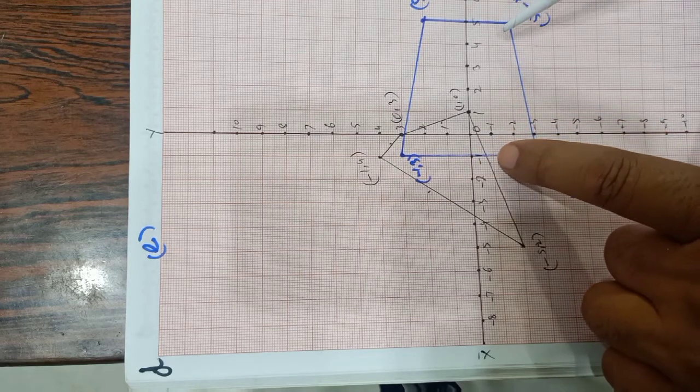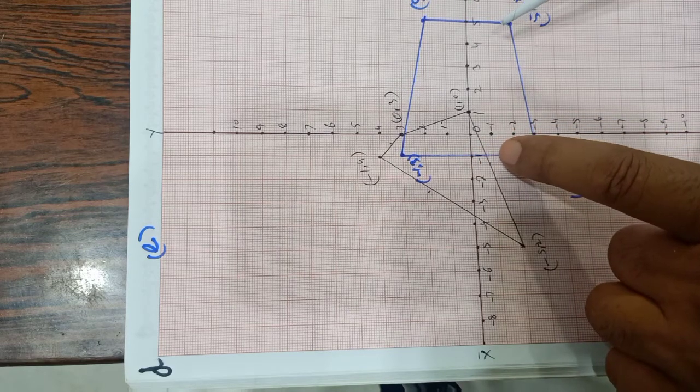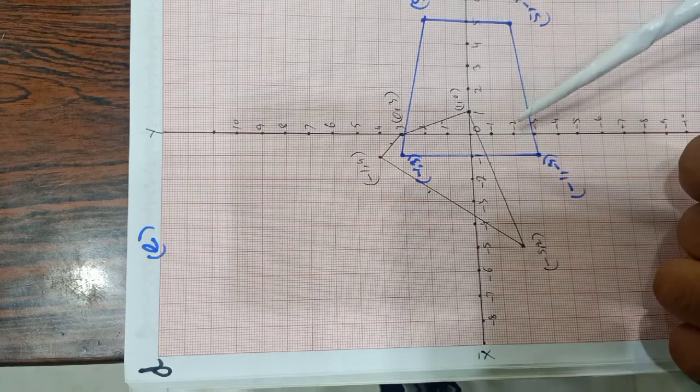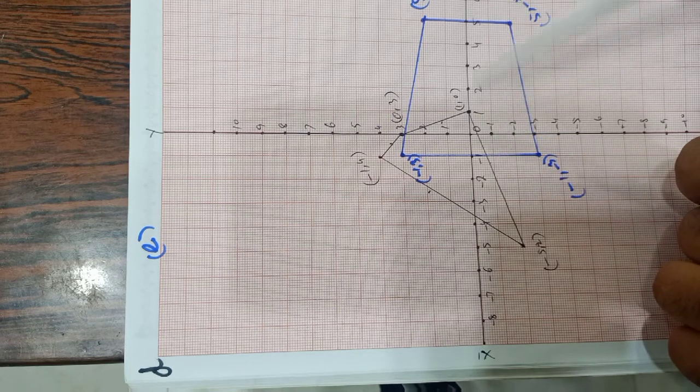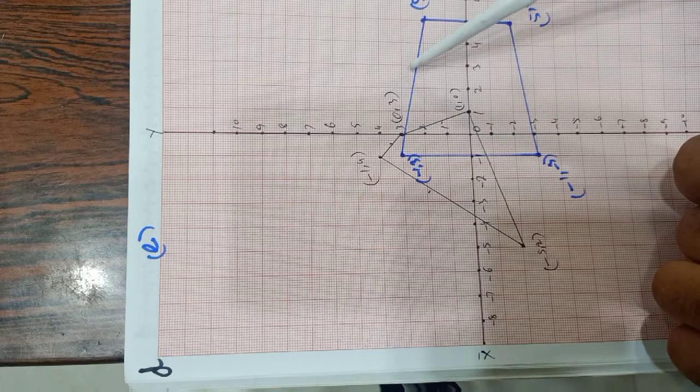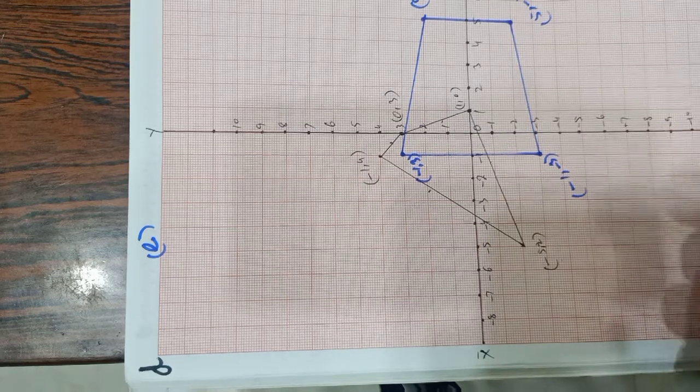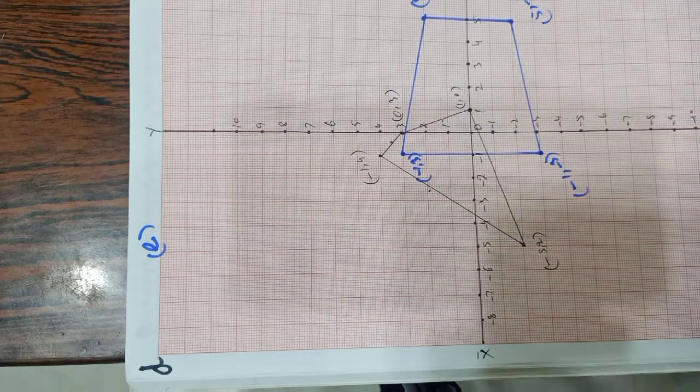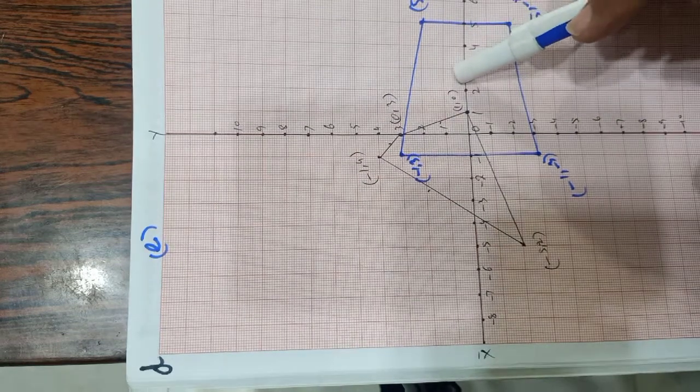So this figure is called a trapezium. A trapezium is a figure in which one pair of opposite sides is parallel, whereas the other pair of sides is non-parallel.